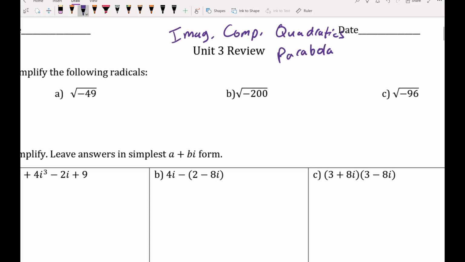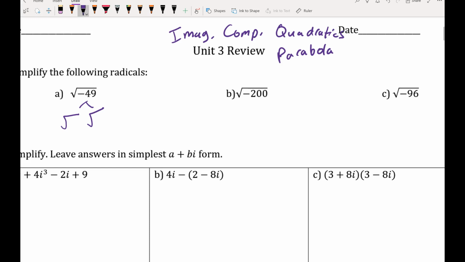So let's start off by looking at how to simplify some radicals when we have a negative under the radical. For something like part A, radical negative 49, we can approach it the same way we approach a regular radical simplification. We ask ourselves what multiplies to negative 49 where one of them's a perfect square and one of them's not.